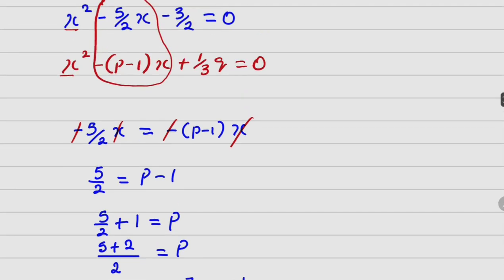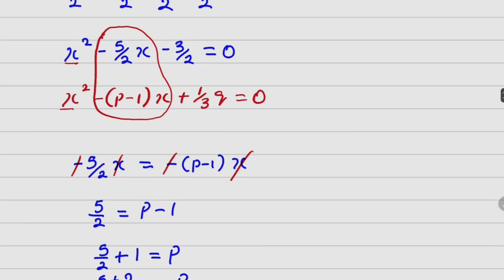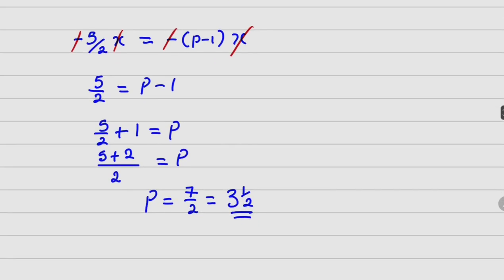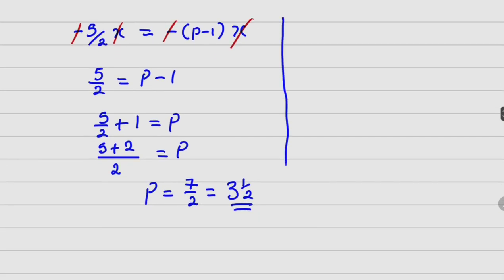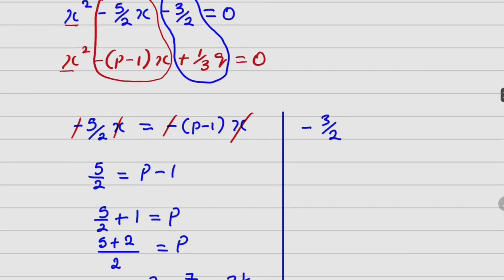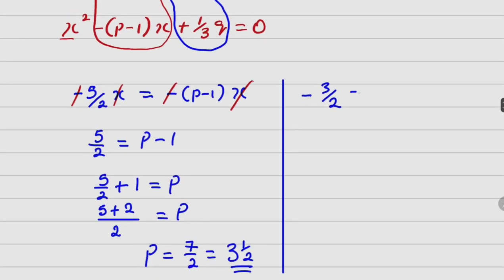Then I'll do the same on this side. If you check, I will now have these being equal to themselves. So I'll have minus 3 over 2 equals 1 over 3q. Okay, so coming here, I have minus 3 over 2 equals 1 over 3q.